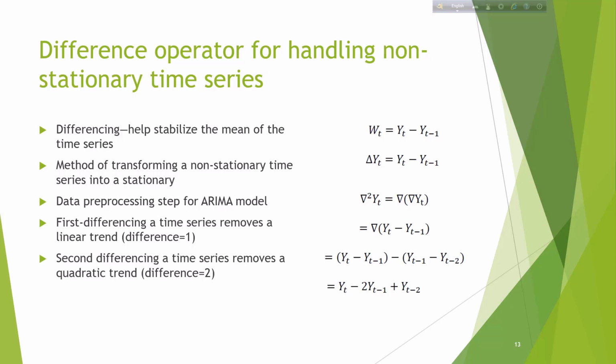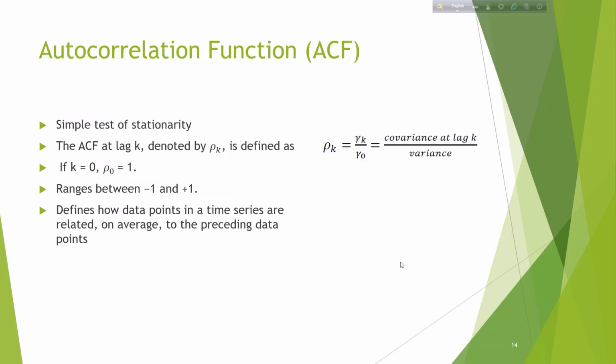So we will write del yt is equal to yt minus yt-1. Here the del is called the differencing operator. This is called the first difference. Now the second difference, we can write del square yt is equal to del yt minus del yt-1. So this is the process by which we can take second differences. So differencing is important for making a non-stationary time series into a stationary time series for ease of prediction.